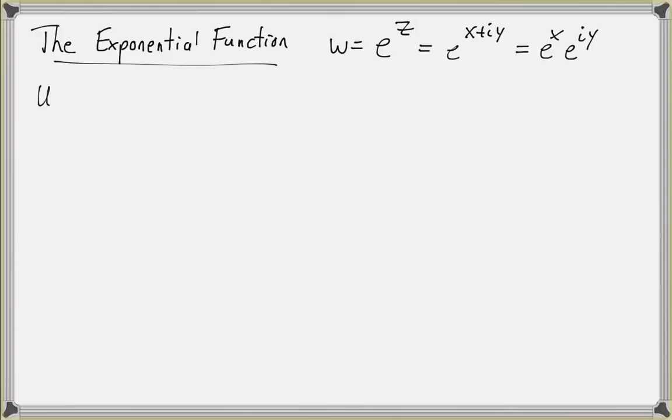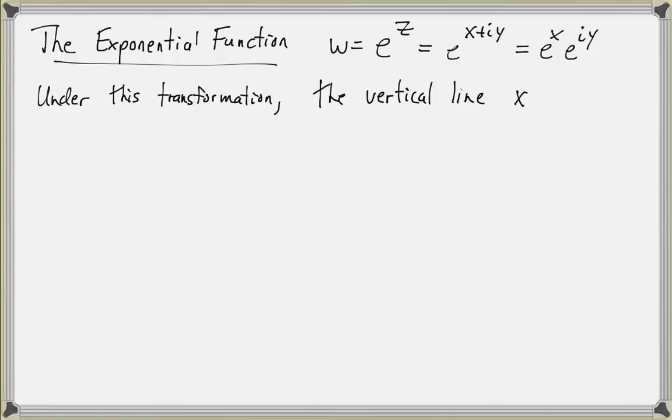So under this transformation, the vertical line x equals a, so if x is always equal to a constant a, then the quantity e to the x will be equal to the constant e to the a, and so points on the transformation e to the z will all have the same modulus e to the a.